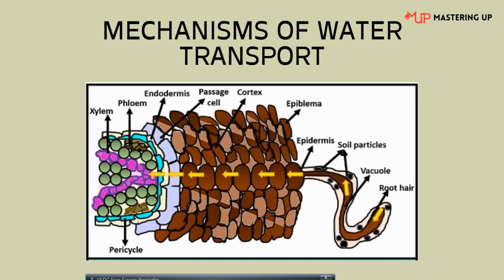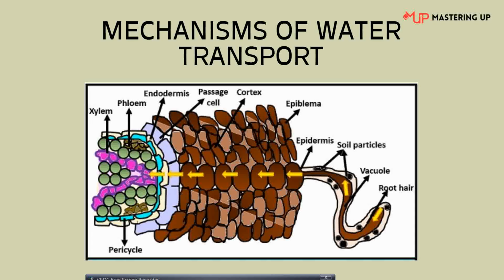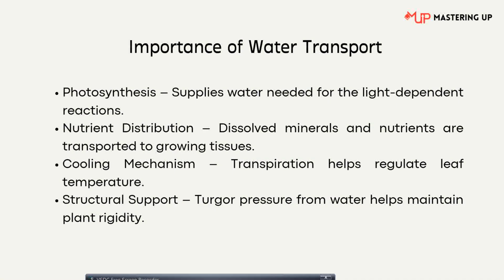Just remember, through the root hair, the whole transport mechanism, symplast and apoplast, there is the xylem, and from the xylem, through adhesion and cohesion, the cohesion tension theory, they reach the upper part of the plant through transpiration pull. That was all about how water is transported from the soil through the root hair, from the root hair to the xylem, and from the xylem to different upper parts of the plant, the leaves.